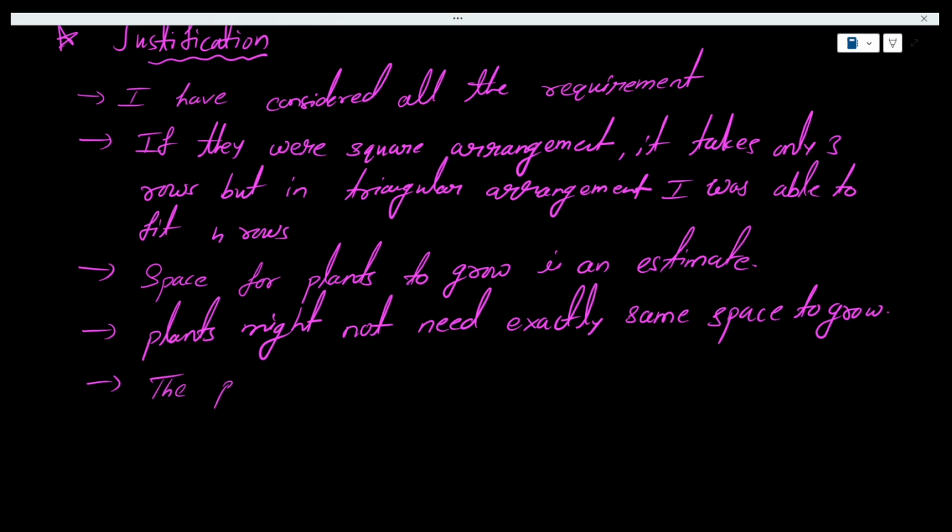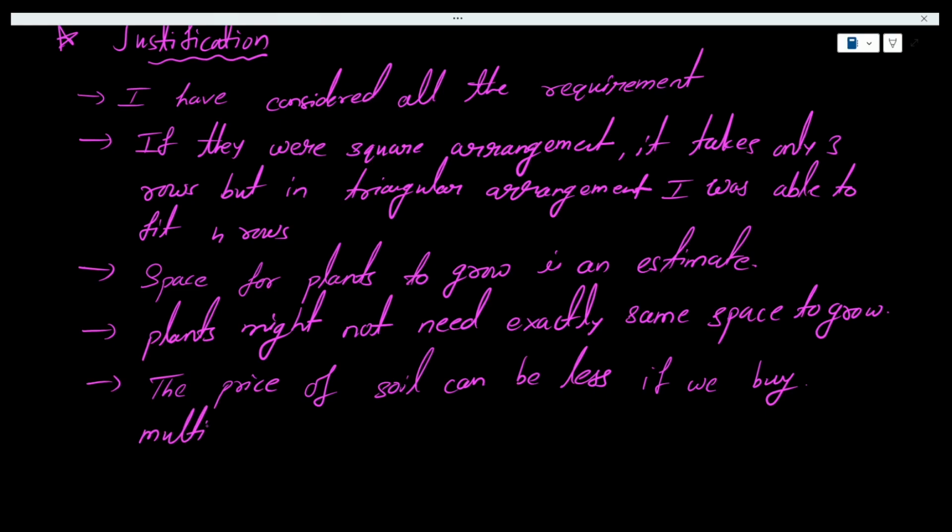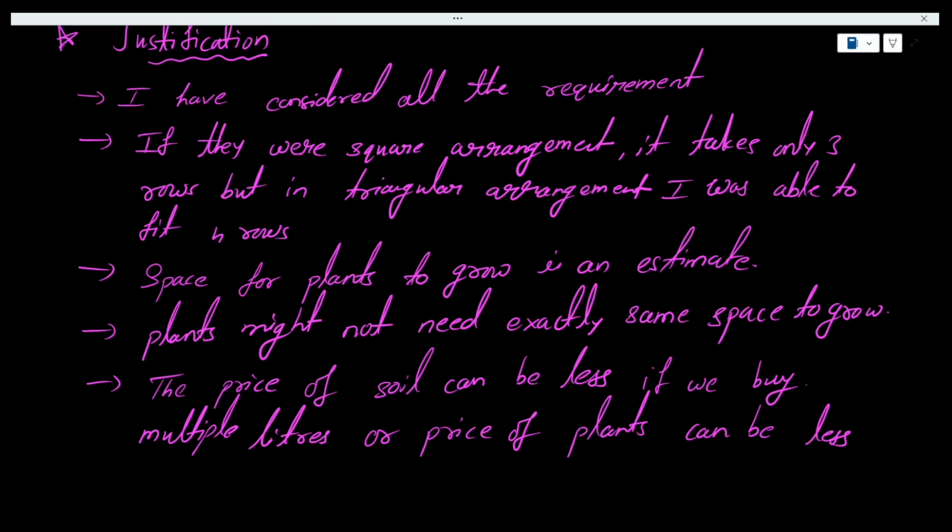The price of soil can be less, because if you are buying in bulk, the price of soil can be less if we buy multiple liters, or the price of plants can be less if there are multiple plants.